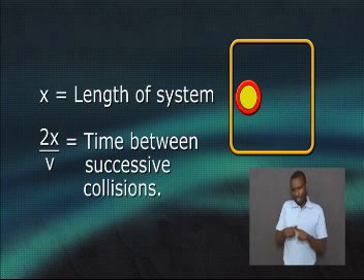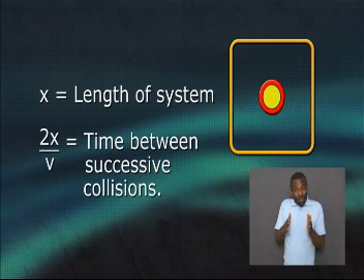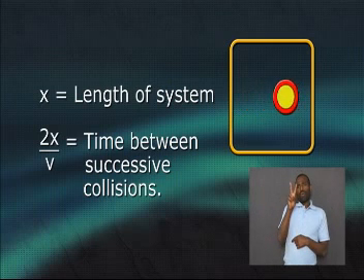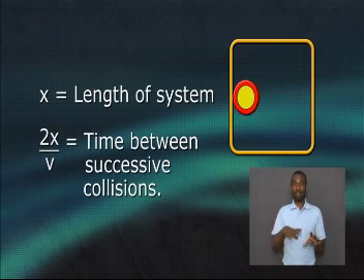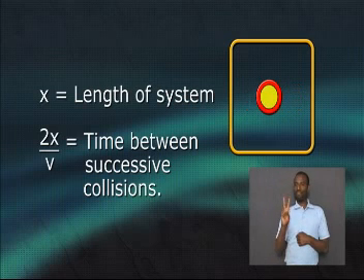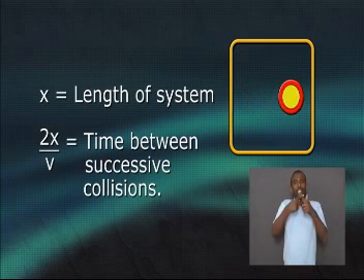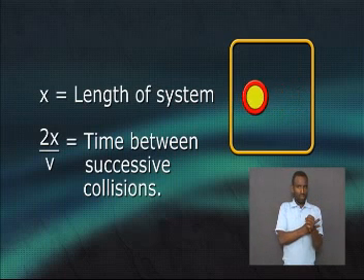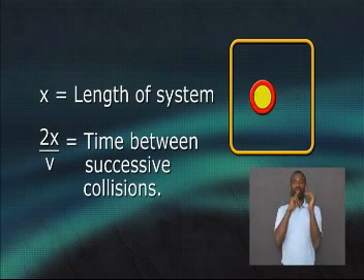Since the box has a length of x, the time between two successive collisions on the same side is equal to 2x over v. Newton's second law states that force is equal to the change of momentum divided by the time taken.